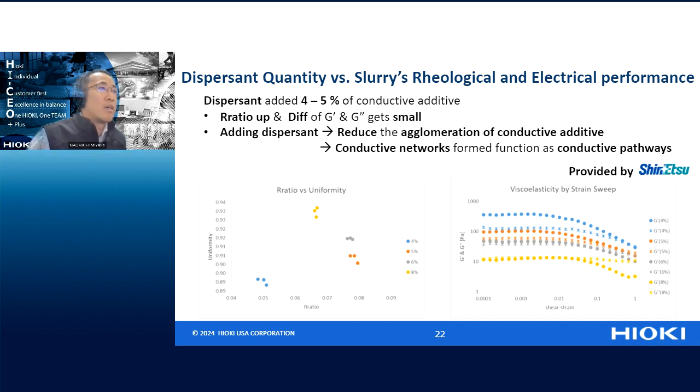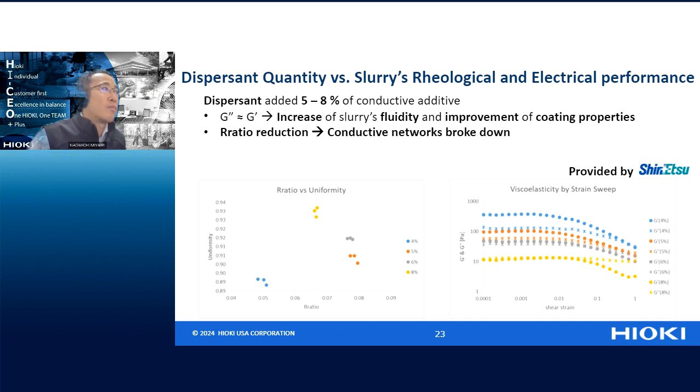And looking at the higher amount of dispersant test results, they are plotted as gray dots and yellow dots.